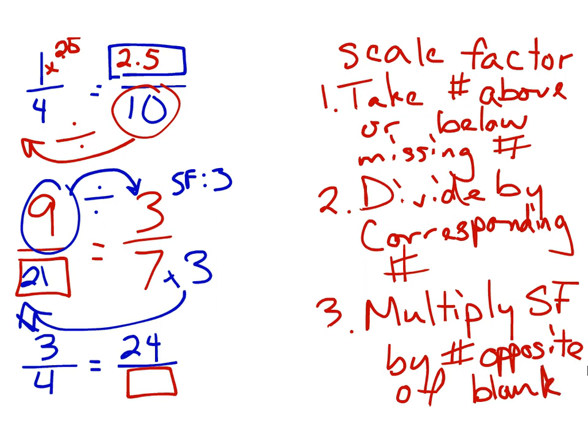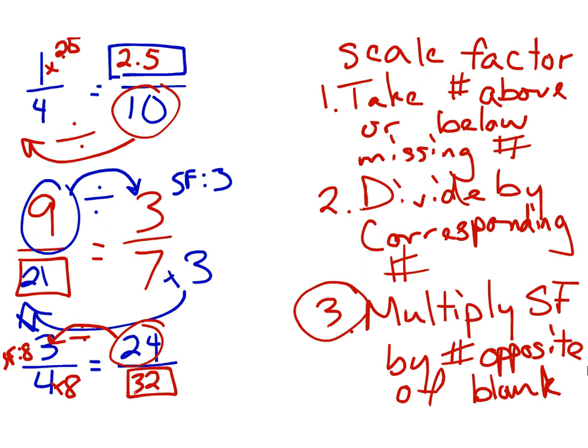So, step 1, take the number above the missing number, divide it by the corresponding number, 24 divided by 3. That's going to give us a scale factor of 8. Then we do step 3, multiply scale factor times the opposite number of the blank, 4 times 8, and that gives us 32.